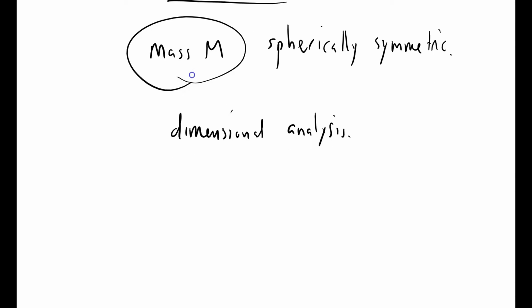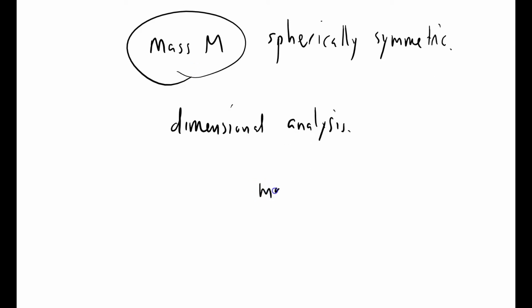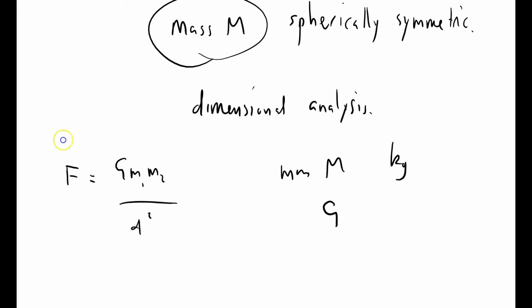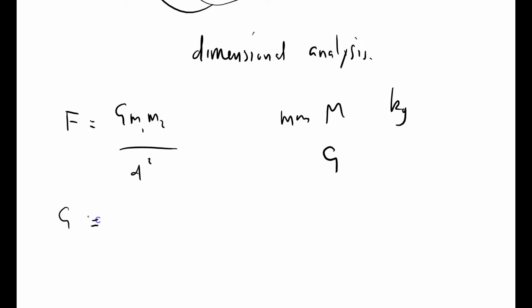So what have we got at our disposal? We've got the mass m, which is in kilograms. We've got big G, which is Newton's gravitational constant. It's always worth writing out the fundamental equation, F = G m squared over d squared, so G equals a force, which is kilograms meters per second squared, times d squared, which has gone up to the top, over kilograms squared.